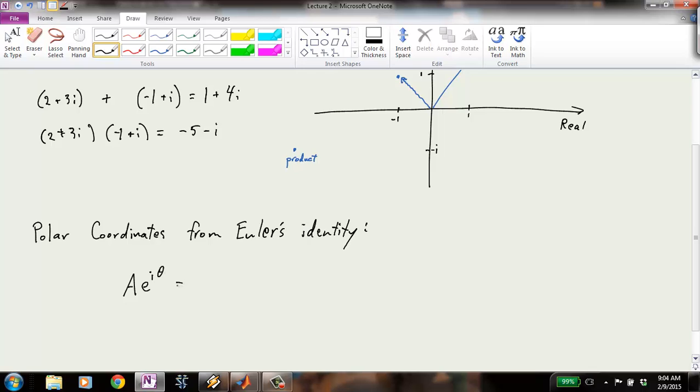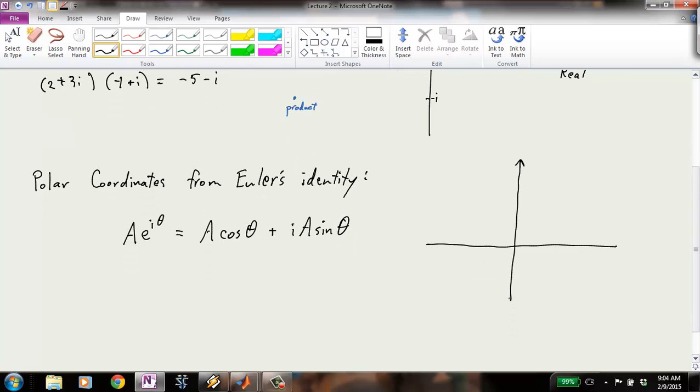Euler's identity says, well, the A we'll just keep. It's just a constant multiplied by both things, and we'll replace e to the i theta with the identity cosine theta plus i sine theta. Now, of course, we see that cosine theta and sine theta are lengths of a right triangle. So we have a new way of thinking about points in the complex plane.